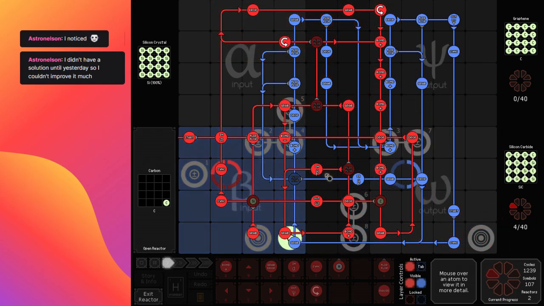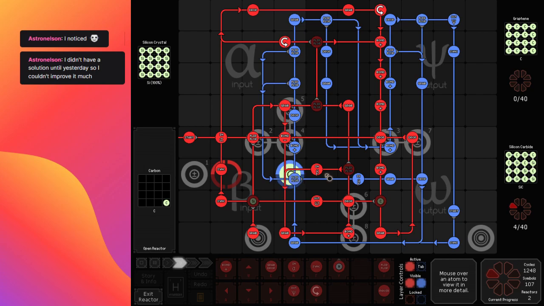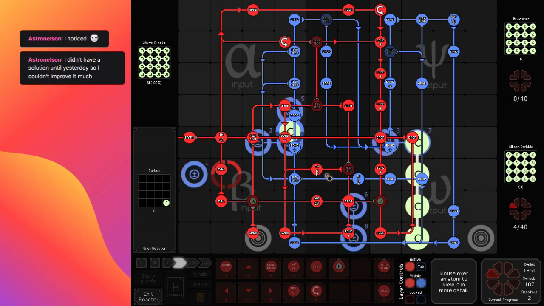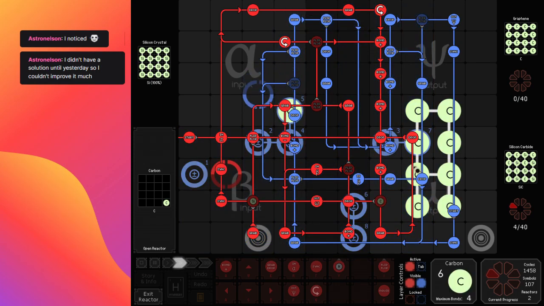Alrighty, input Bravo, or beta. Doing more. So that's a stick of carbon. And then here's another stick of carbon. There's a 4-count flip-flop right here. So it is constructing these like so.